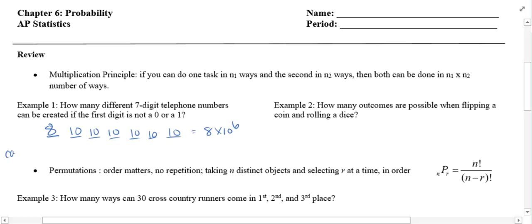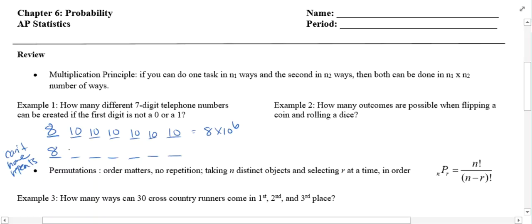If we can't have repeats, I'm going to show you what that looks like real quick. Okay, so on the first one, we can't have a 0 or a 1, so there's 8 options. On the next digit, there's no other requirements except that we can't have the first digit that we used.